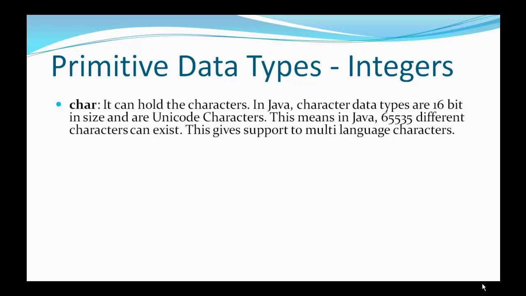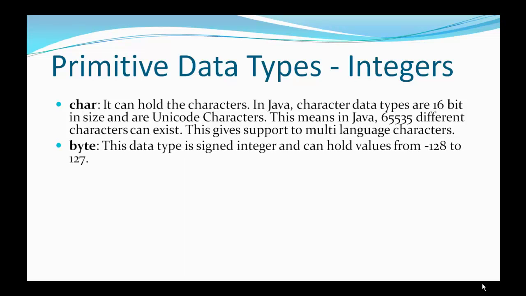We have 65,535 different characters that can exist. These characters can be English characters or special symbols or alphabets from other languages like Chinese, Japanese, etc.